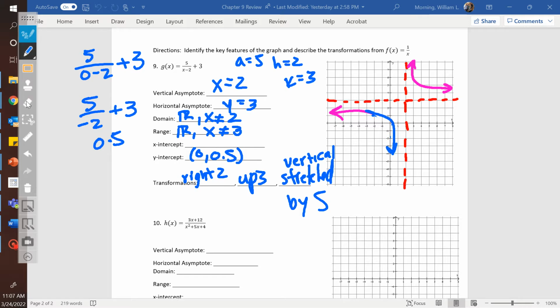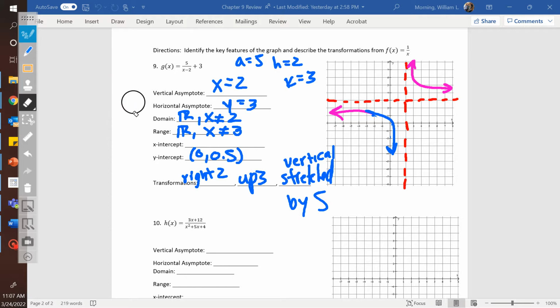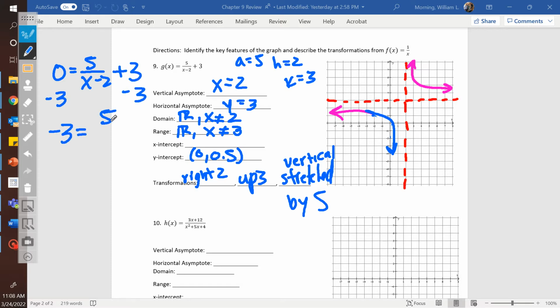And then I can find my x-intercept by plugging in 0 for y. So I have 0 equals 5 over x minus 2 plus 3. I can solve this by subtracting 3. Negative 3 equals 5 over x minus 2. You can multiply both sides by x minus 2, or just give them a common denominator of x minus 2.